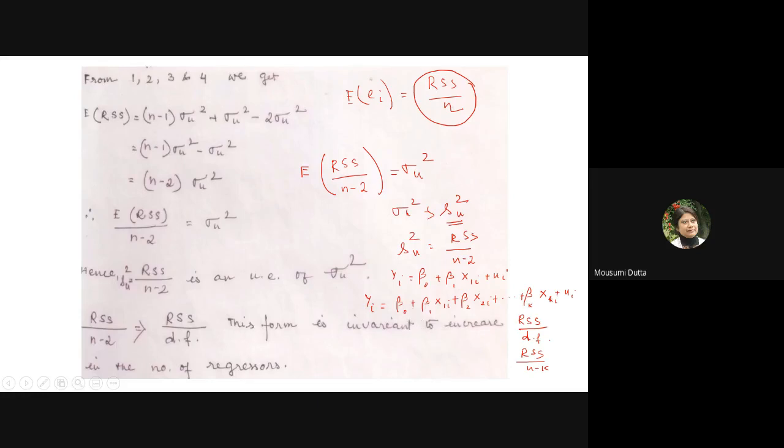So K number of parameters you need to estimate, and for that matter we get the degrees of freedom to be n minus K. So the basic formula of su square, RSS by degrees of freedom, remains unchanged if you increase the number of regressors. The main thing is su square is equal to RSS by degrees of freedom, the unbiased estimator of sigma u square.